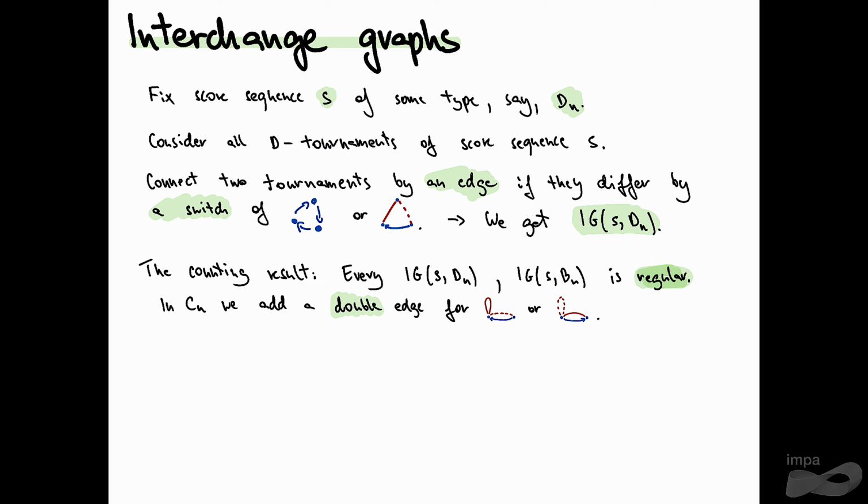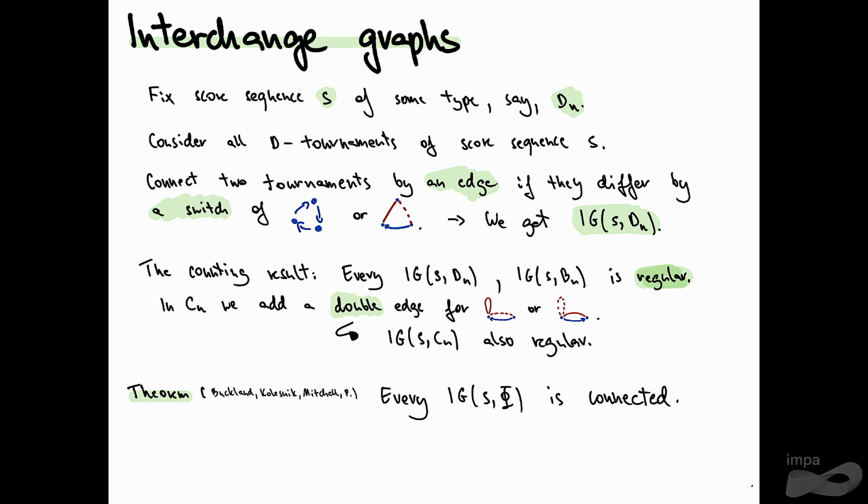If I put a double edge, then my new interchange graph is also regular. Also, what we managed to prove is that for every score sequence, this interchange graph is connected. If it's connected, then you're happy to run your Markov chain and possibly sample.